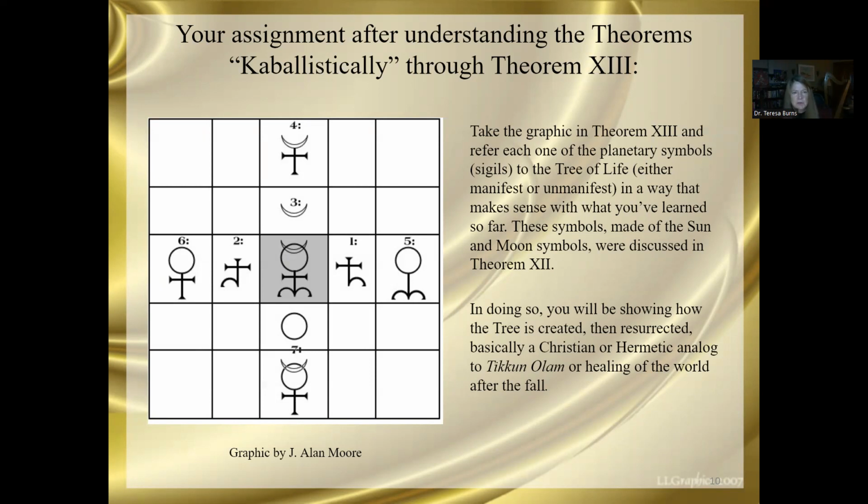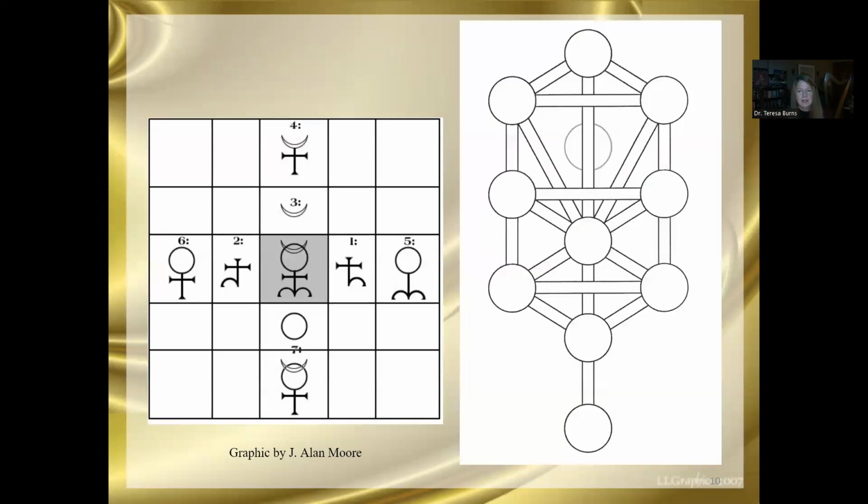It's a Christian or Hermetic analog to what becomes called Tikkun Olam in Kabbalistic thought, the healing of the world after the fall, which in Reuchlin's Art of Kabbalah, he has Simon the Jew say that's the purpose of Kabbalah.